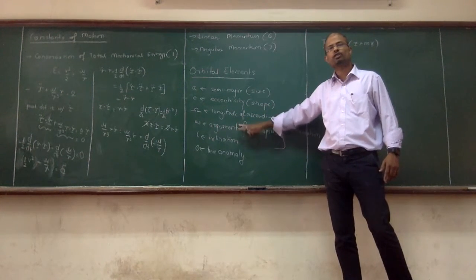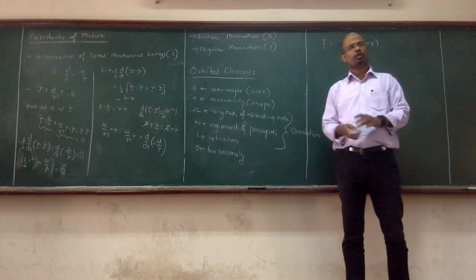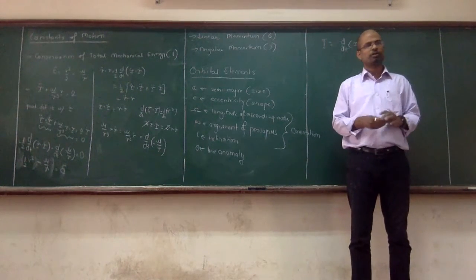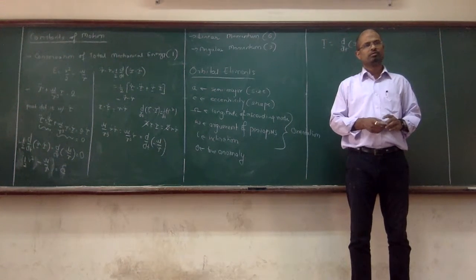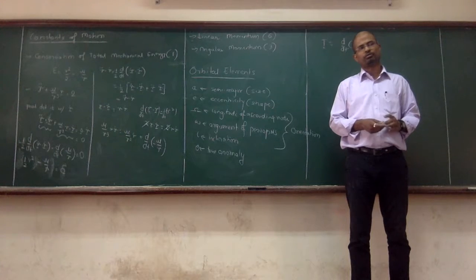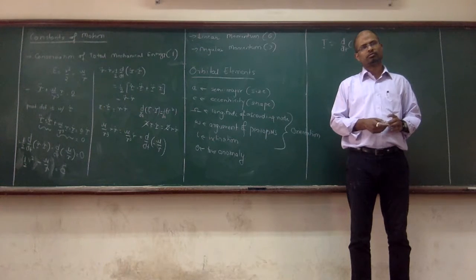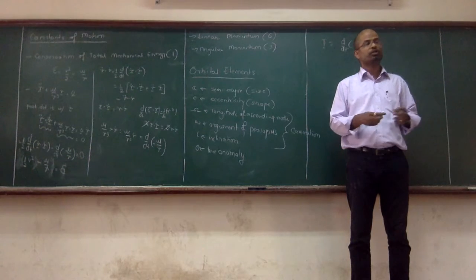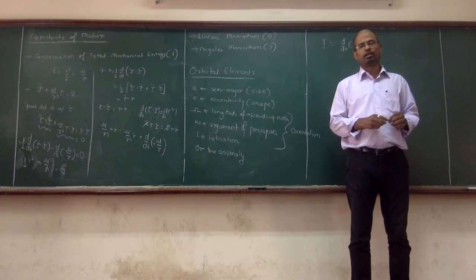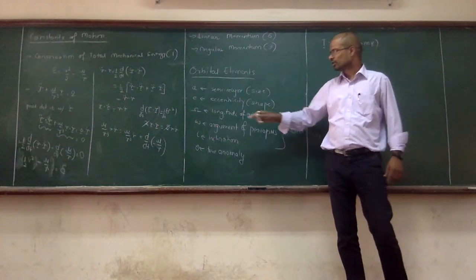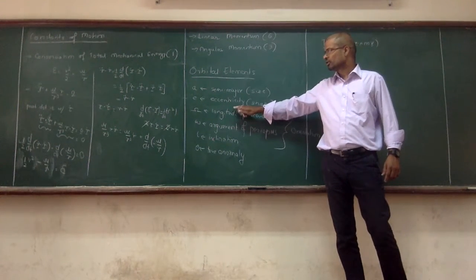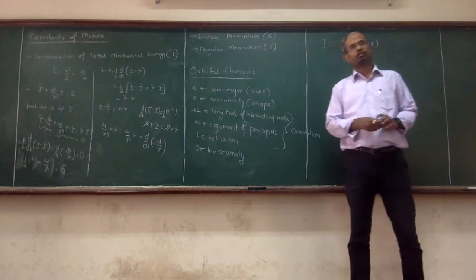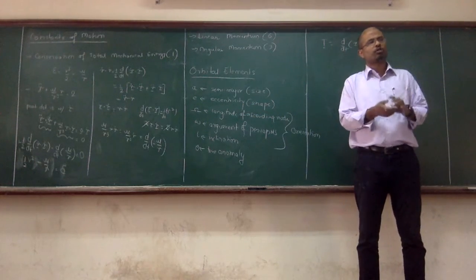So these define the orientation of your orbit. Does the position of a given orbit change? You cannot really say position of an orbit, there is no position of an orbit as such.